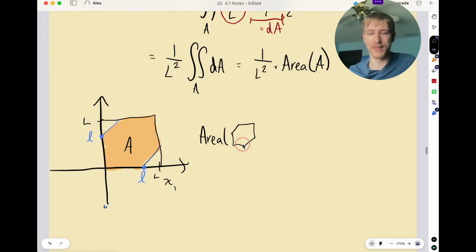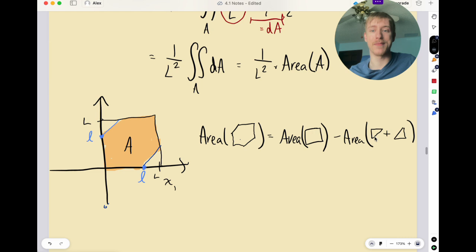Doesn't look like a hexagon, but the area of that is just going to be the area of the square minus the area of these two triangles. So that triangle plus that triangle, which you'll notice is actually going to make up a square. So this is the area that we've denoted A.